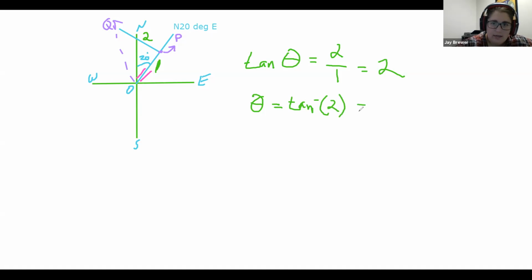So then we're looking at 63.4 degrees. But that includes this original 20 degrees, right? It's kind of like this point from here to here is your new theta. But we can't include that 20 degrees because where are we supposed to look at when we're talking about bearings?